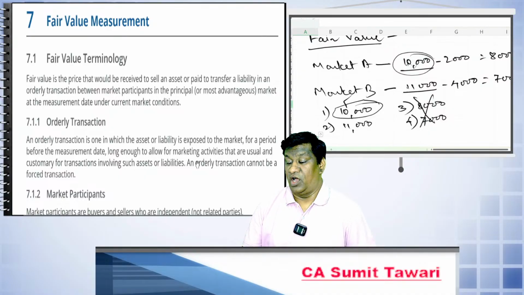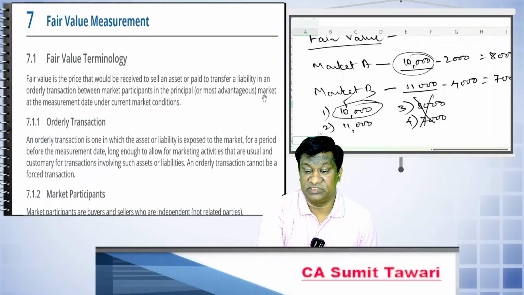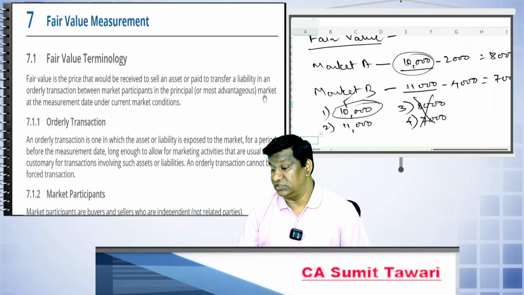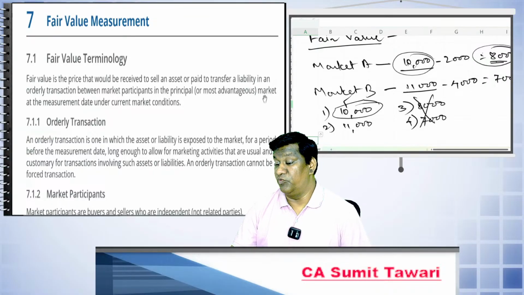So how do we calculate? We need to see first what is the most advantageous market. Most advantageous is 8,000 as a net gain. If I compare the net gain or net realizable value, 8,000 is higher, so this is the most advantageous market for me.